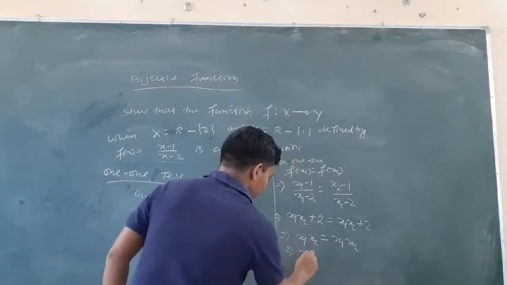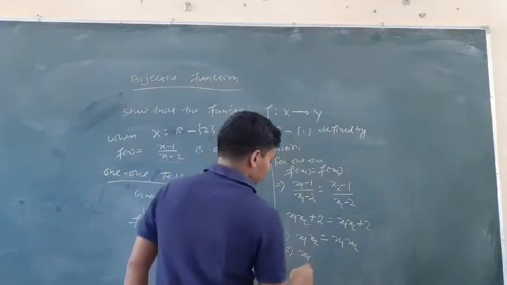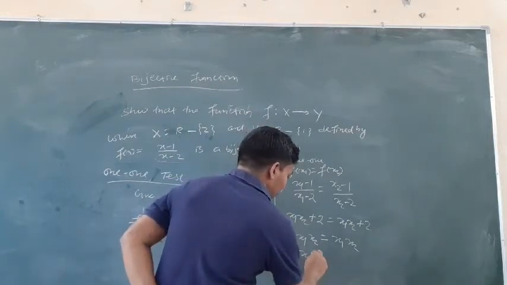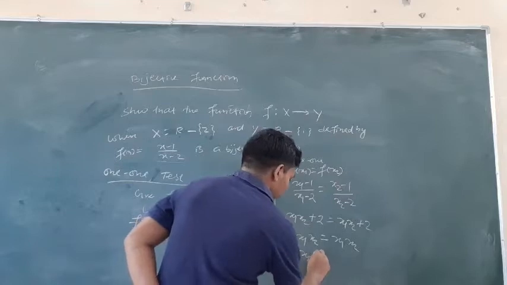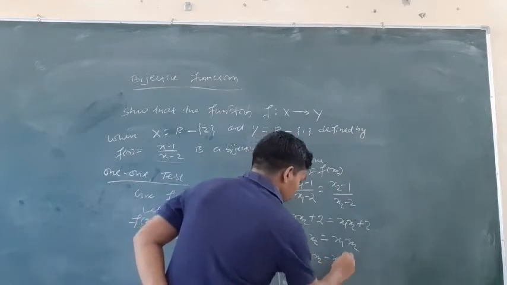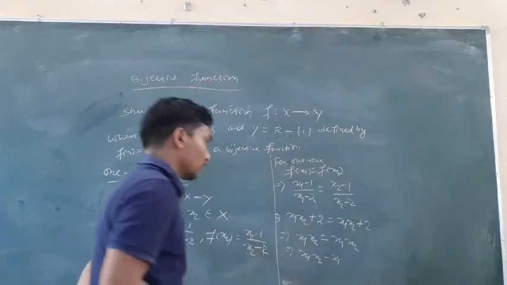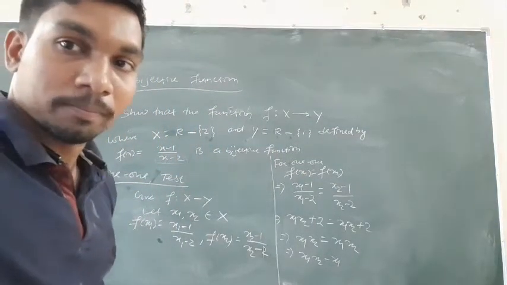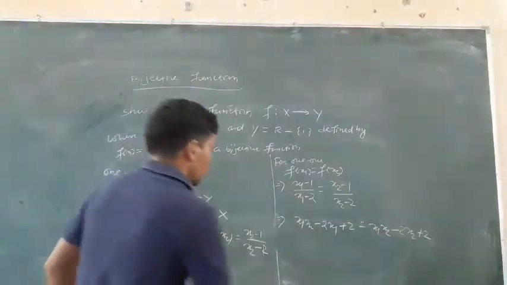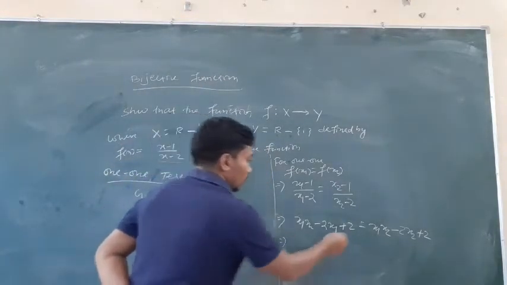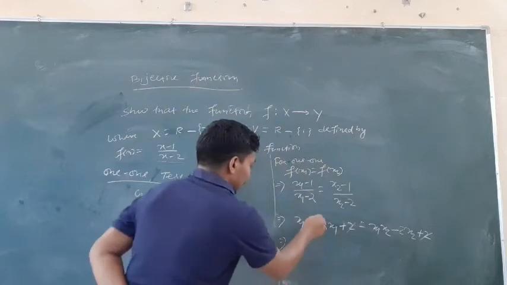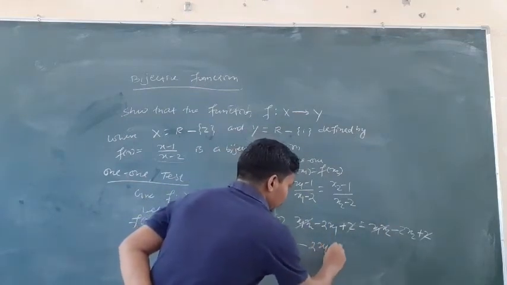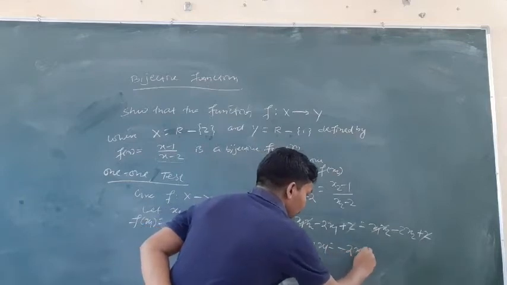Here the 2 will be cancelled, x1 x2 will be cancelled, and minus 2 x1 is equal to minus 2 x2.